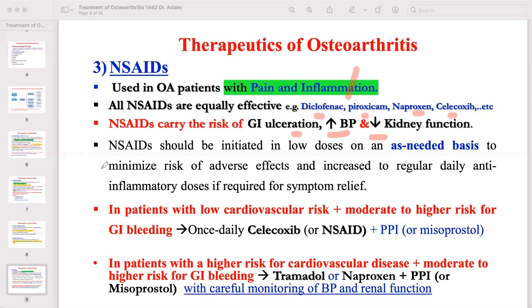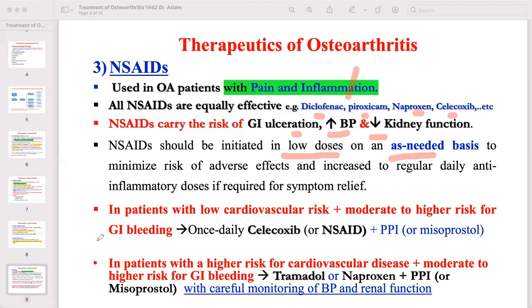These non-steroidal anti-inflammatory drugs should be initiated in low doses on an as-needed basis. It means that if there is pain and inflammation, then the patient should take the drug, to minimize the risk of adverse effects, and increase to regular daily anti-inflammatory doses if required for symptom relief.